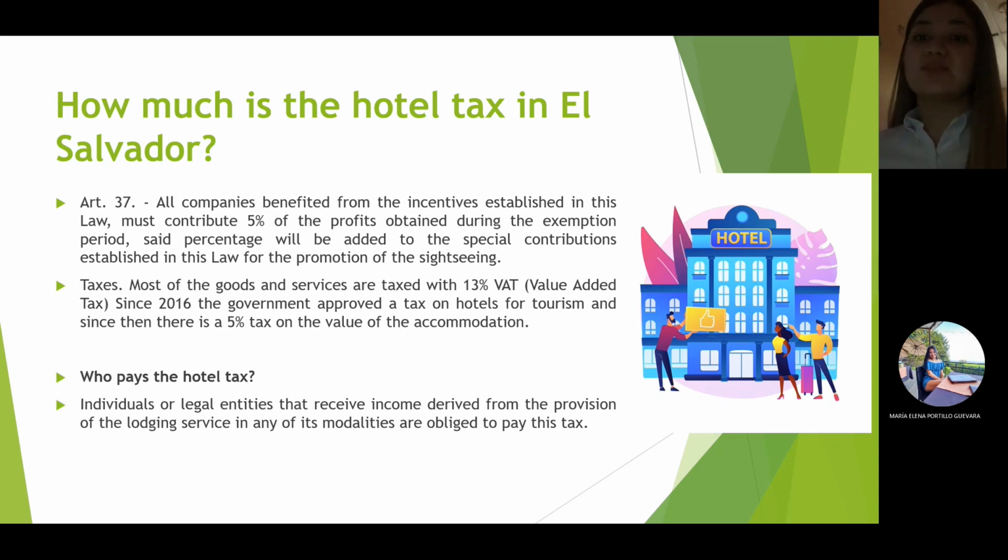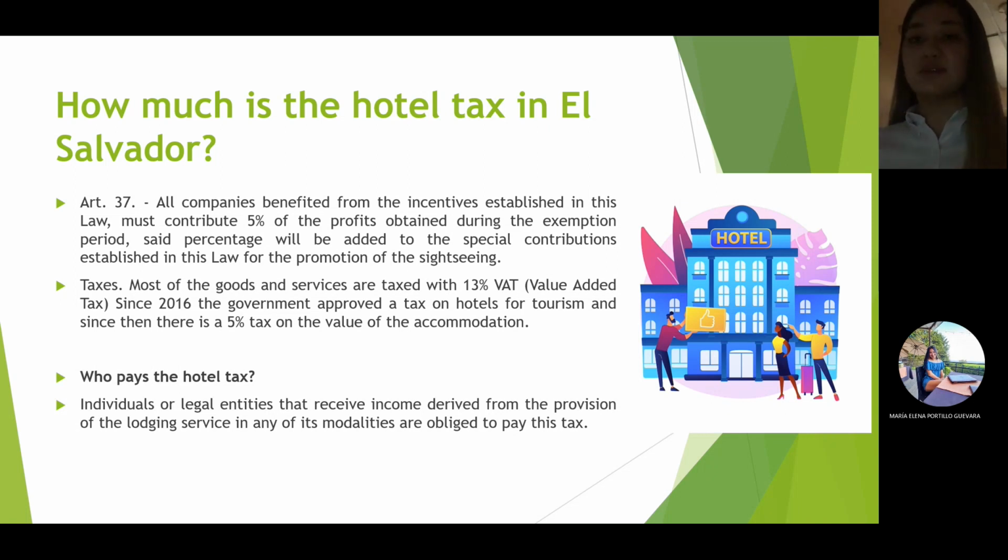That percentage will be added to the special contribution established in this law for the promotion of tourism. Most goods and services are taxed with a 13% value added tax, and also in tourism there is a 50% tax on the value of the accommodation.